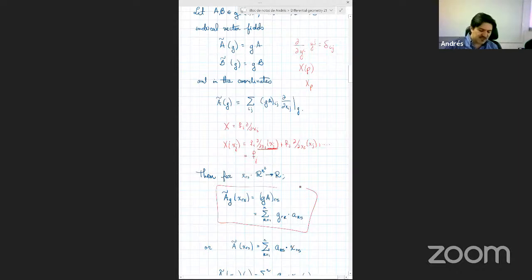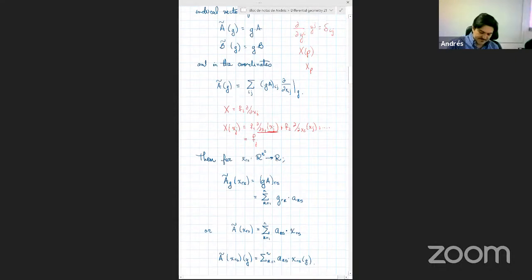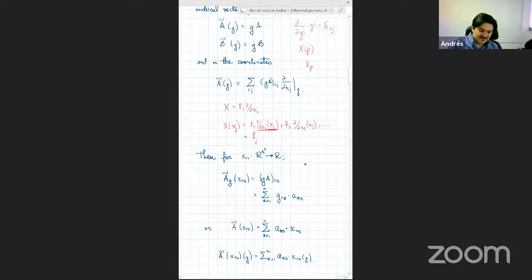But now, this equation can also be written like this. So this, I can put it here. Again, let's say g1, g2, gn. This is the coordinate function. We have used this before, right? That's precisely what I'm using here.